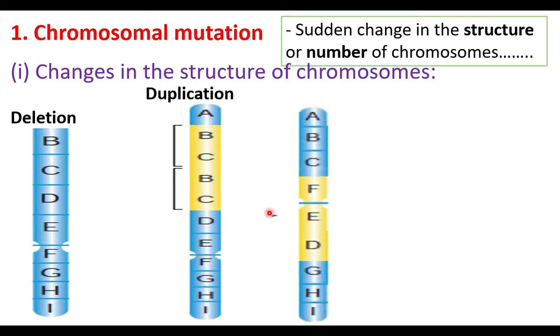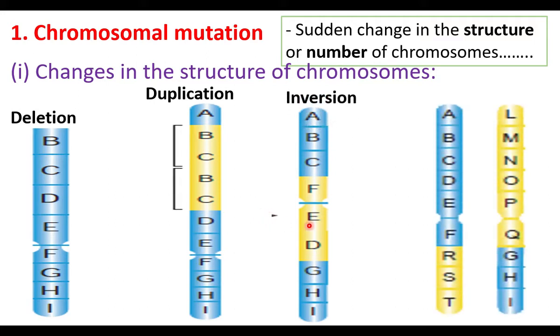In this case, the order of genes is reversed. D, E, F is reversed. This type of chromosomal change is called inversion. Here the order of genes is A, B, C, D, E, F. After F there is no G. G, H, I is on another chromosome.